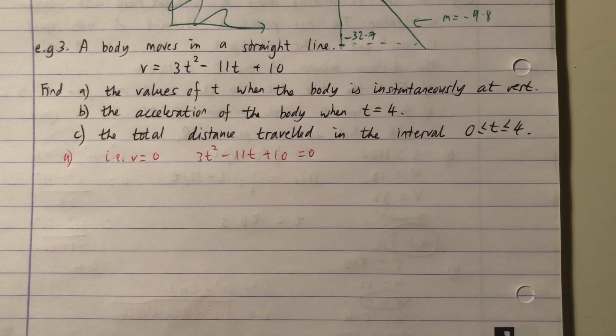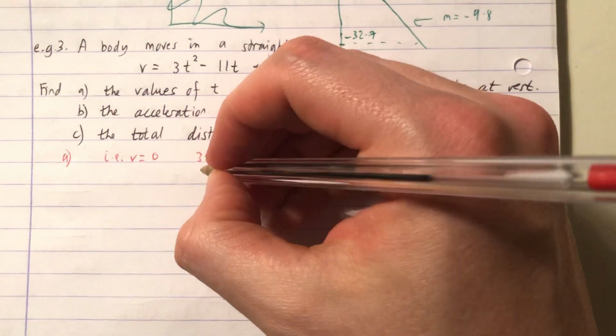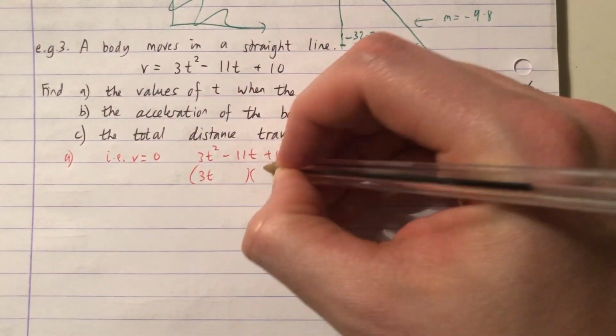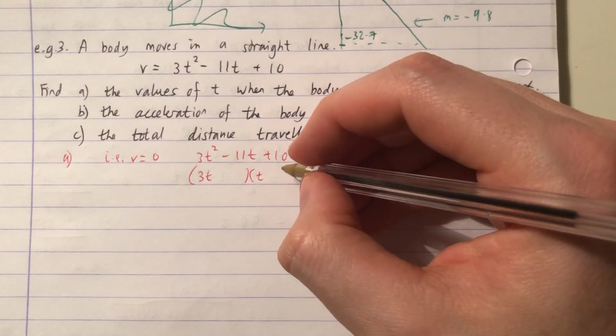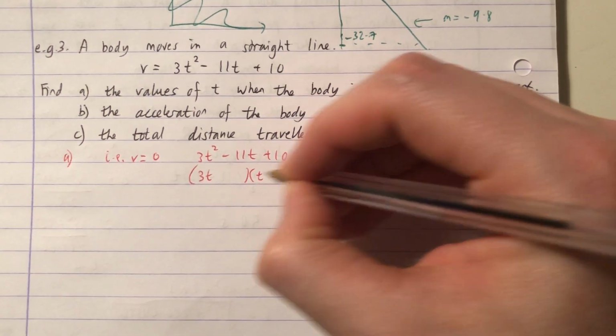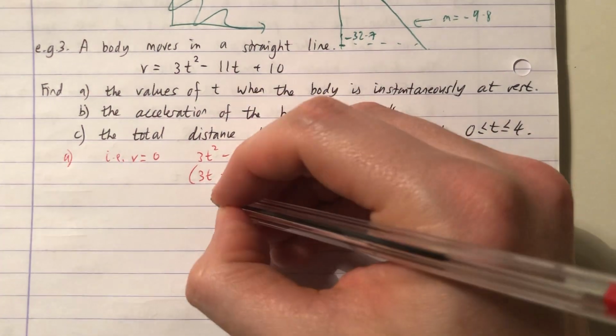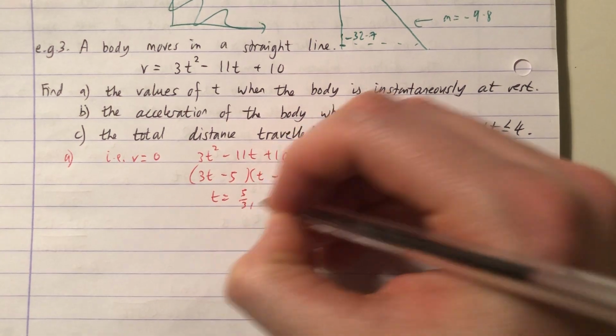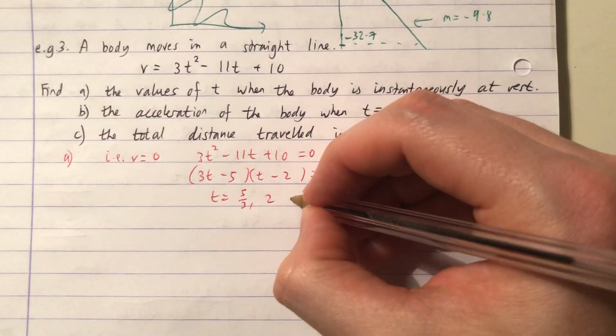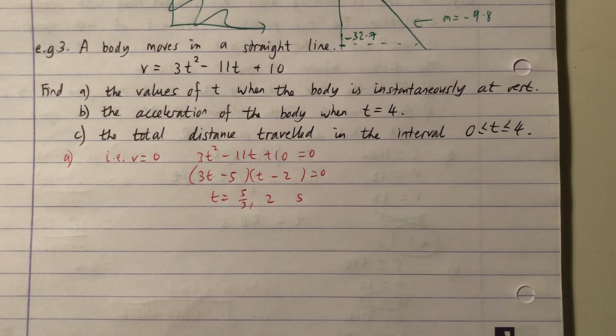And then you solve this quadratic. That would give you two answers: t is equal to 5/3 or 2, both of these measured in seconds.